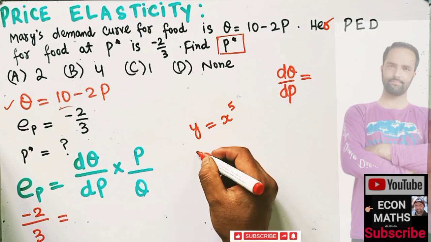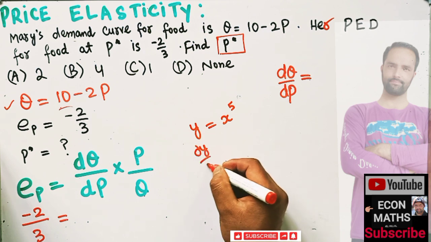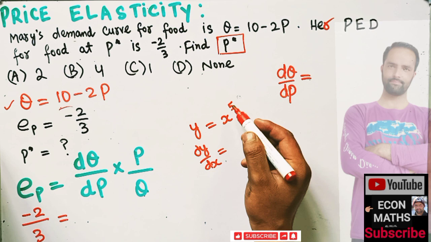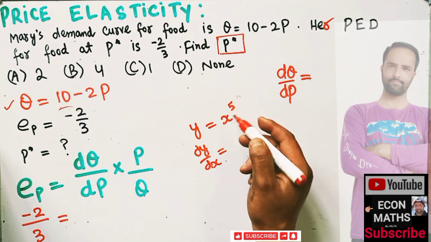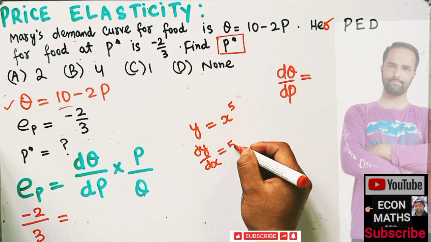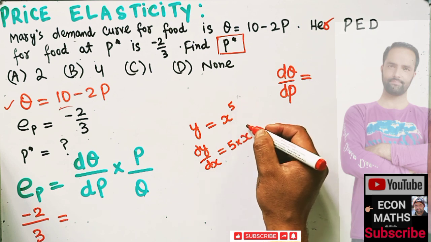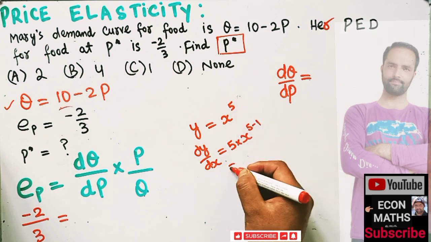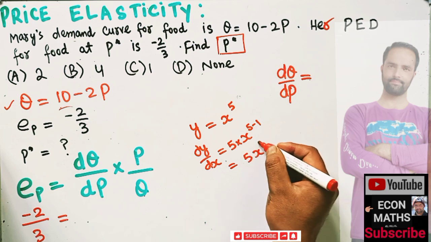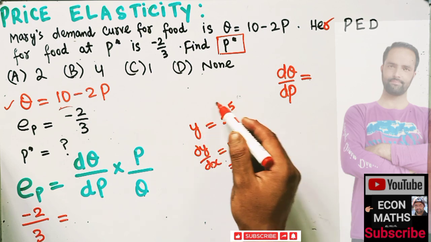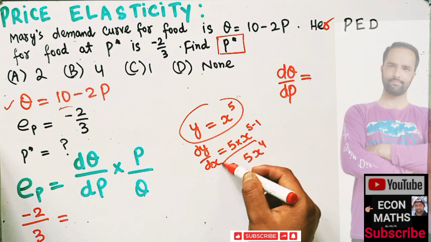Its derivative, dy upon dx, by the power function rule, is this power becoming the coefficient, into x to the power of the exponent subtracted by 1. So 5 minus 1, this is 5x to the power 4.